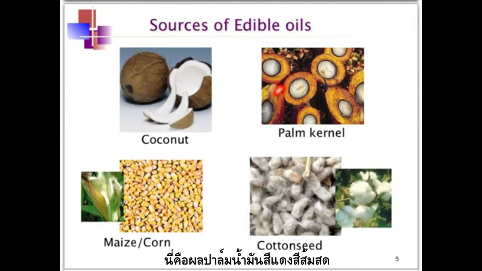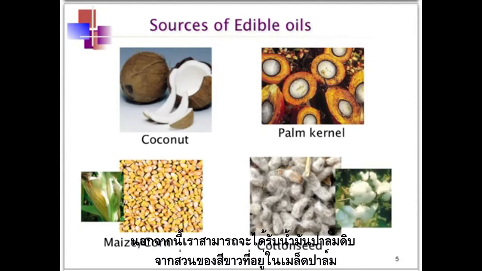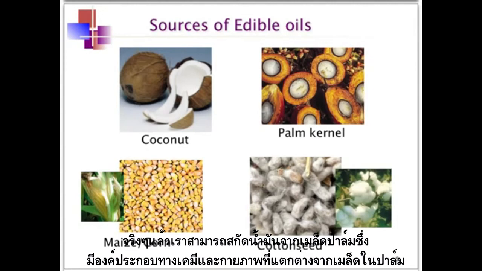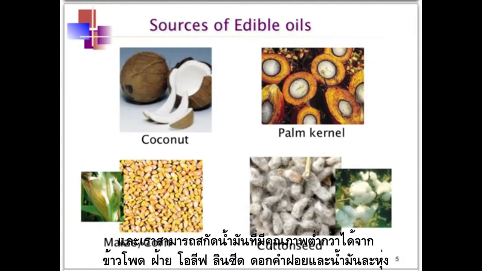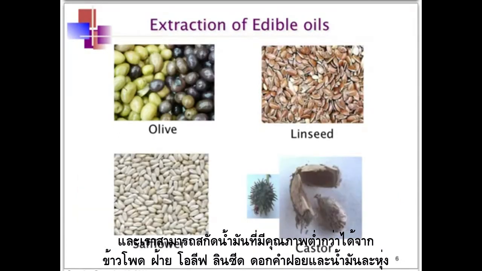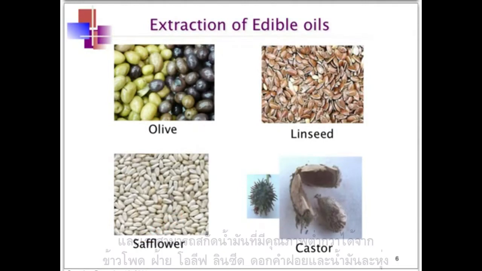The red, orange flesh outside is where we can get the crude palm oil, and the white part inside is the palm kernel, and we can extract the palm kernel oil, which has different physical and chemical composition from the palm oil. Then oil also can be extracted from corn, cotton seed, olive, linseed, sunflower, safflower, and castor.